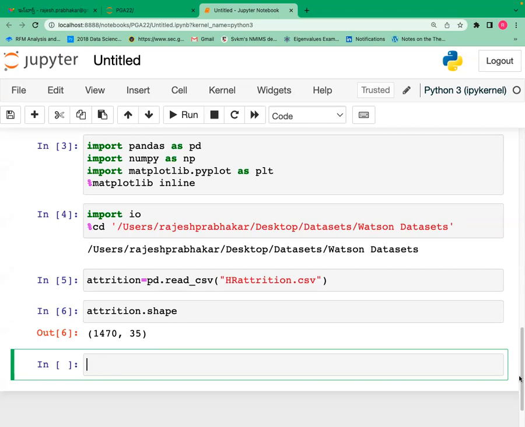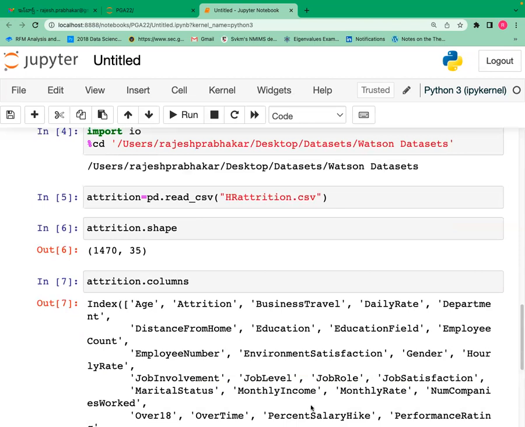You have to label encode some variables. So attrition is the dependent variable.